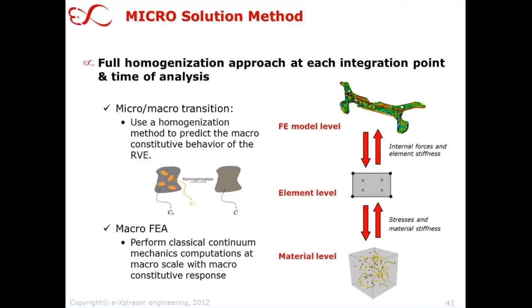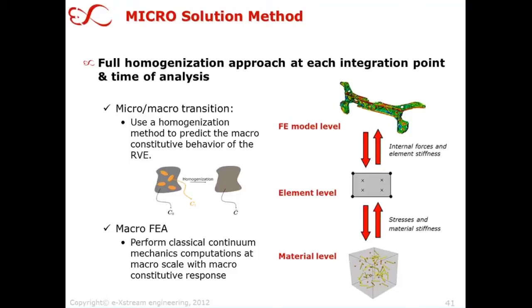And what's behind it is, of course, on the material level, the composite model that I talked about. Then you go to the element level, and per integration point, you read in some orientation tensor as predicted by the injection molding software and then mapped onto the structural mesh.